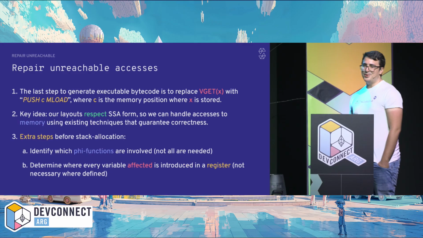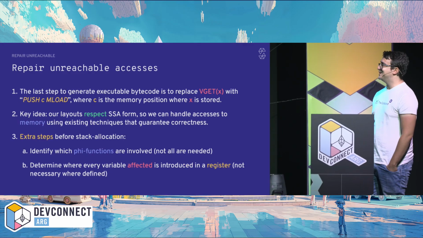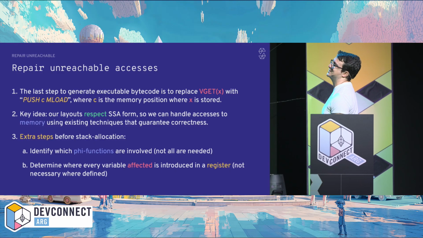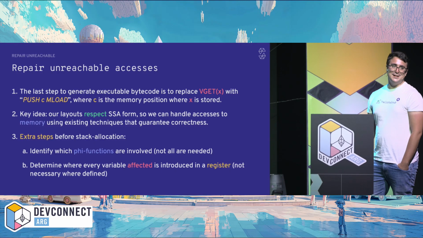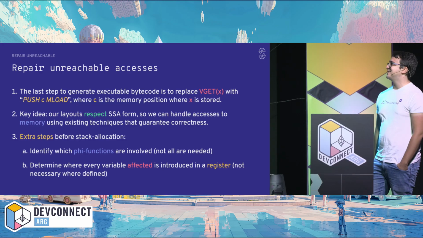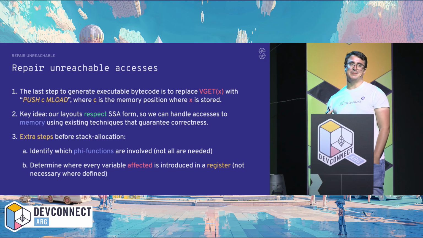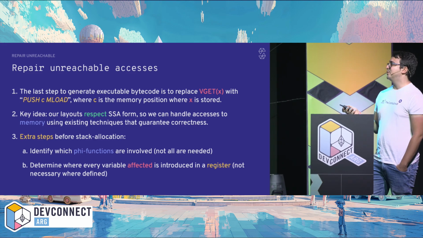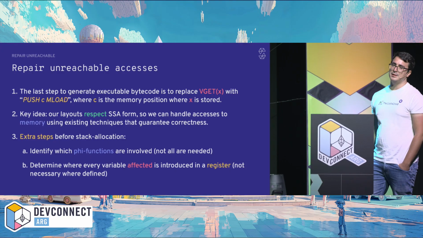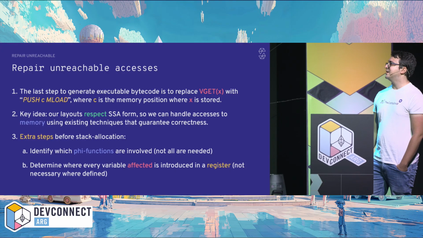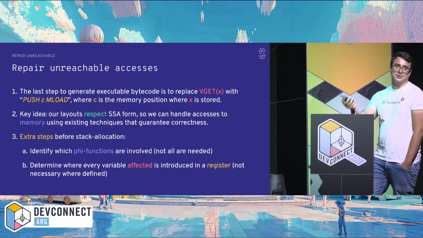OK, so now we go into the more technical part, which is how I repair these unreachable accesses. So the idea here, as I said, is that in the previous phase, we have marked with virtual gets all the places in which I need to retrieve a variable from the memory. And in fact, what I want to do is to replace this virtual get with a push of the memory address in which I have that variable, and then do an mload to just load it.